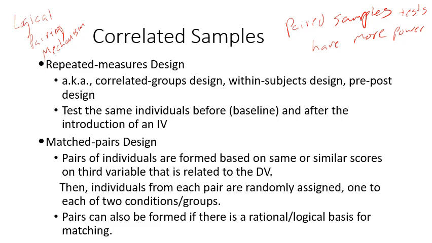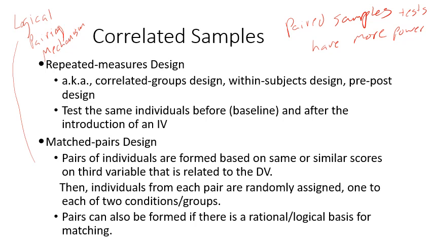The other is matched pairs design. Matched pairs design is a little bit trickier, but this is where you match pairs based on this pairing mechanism. So in repeated measures, the pairing mechanism is that the individual is tested before and after, at 2 different times, so the pairing mechanism is just that it's the same individual. But in a matched pairs design, the pairing mechanism has to be some justifiable third variable that pairs the individuals together.